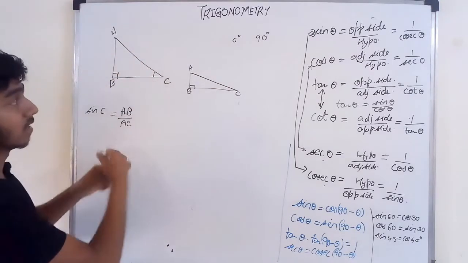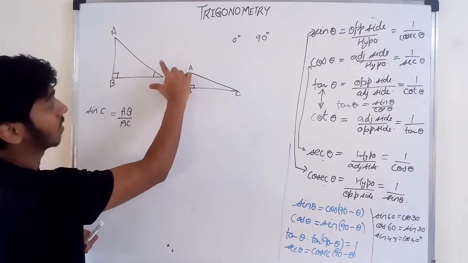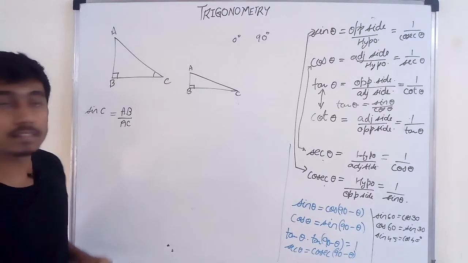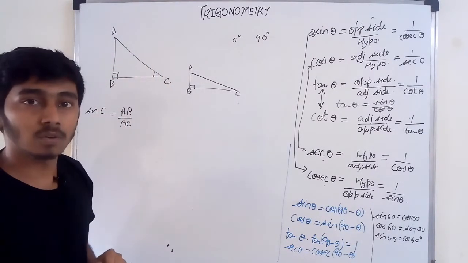So if the angle is the mouth, let's say, it was open like this, but as soon as it comes down, the length also decreases. See, AB has decreased, yes or no?